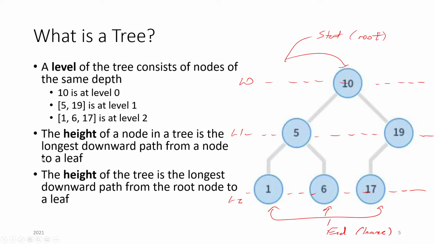So basically, the height of a node is the distance from any node in the tree towards an available leaf. The difference in levels will give us the height. And the height of the tree will be from the root node to any leaf node where you can take the longest path available.